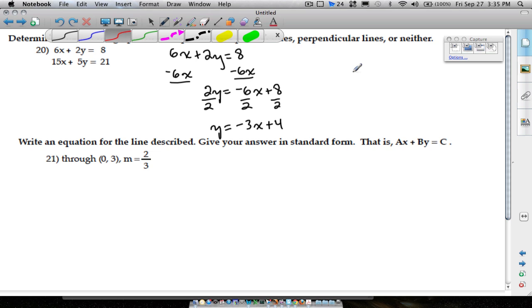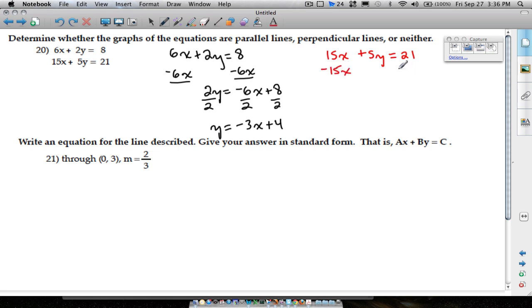Let's do the same thing for the second equation. 15x plus 5y is equal to 21. Let's move the 15x over by subtracting. They cancel just like those back there did, even though I didn't draw a line through it. We're left with 5y equals, again, do not say 6.